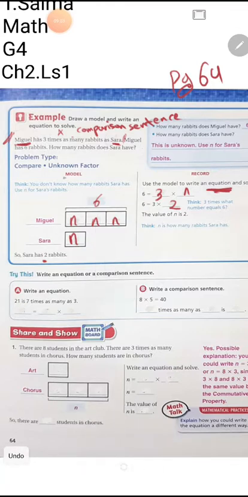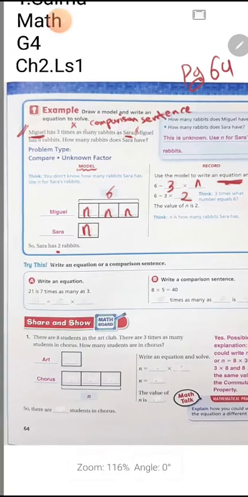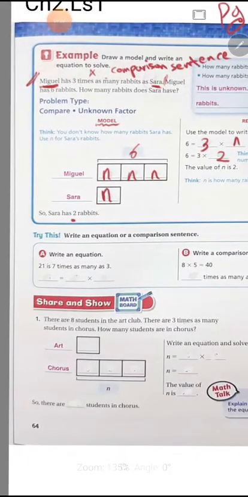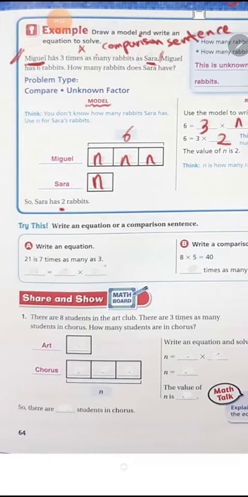Okay? Now, in these A and B exercises, I will convert the multiplication from a comparison sentence to an equation and the opposite. So let's write an equation. Here I have the comparison sentence and I want to convert it to an equation. 21 is 7 times as many as 3.